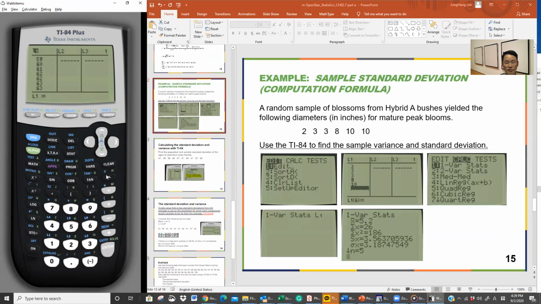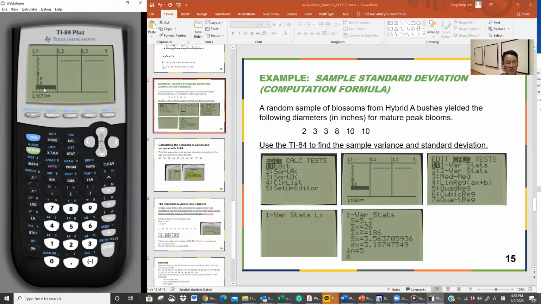Don't hit clear two times, because it'll delete the whole L1 column, and then you have to reset the whole calculator. So the L1 column is clear. I'm going to put 2, enter. 3, enter. 3, enter. 8, enter. 10, enter. Another 10, enter.